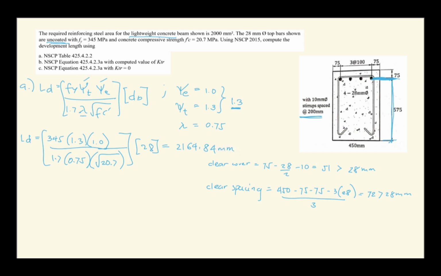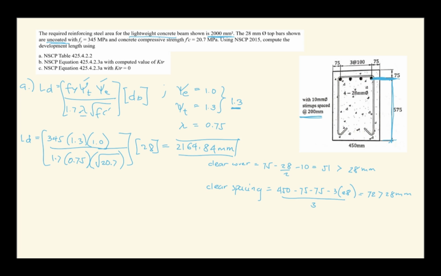However, as given in the problem, the required reinforcing steel is 2000 mm squared. There could be a possibility of reducing the development length if the provided reinforcement is greater than what is required.